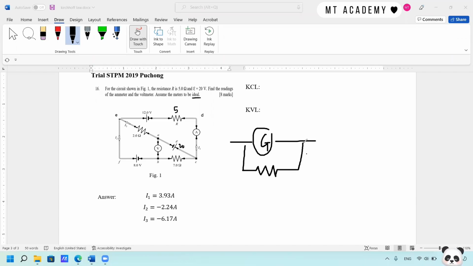The shunt resistance should be as small as possible, ideally equal to 0. So it will have 0 voltage across the ammeter, and it will not affect any of the readings in the circuit.